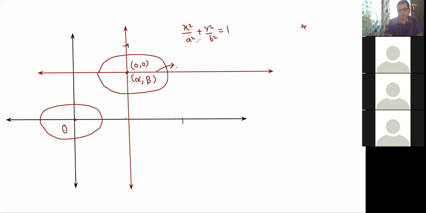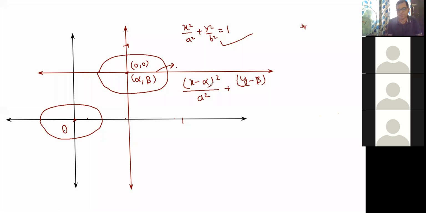Then you can write the same equation as x minus alpha whole square upon a square. A क्या है? Half of the major axis, and y minus beta. y की जगह क्या हो जाएगा? y minus beta हो जाएगा, क्योंकि सेंटर 0,0 के लिए ये इक्वेशन है. अब सेंटर अल्फा कॉमा बीटा हो गया, it means you have shifted the center by alpha comma beta, so there will be change in the equation.